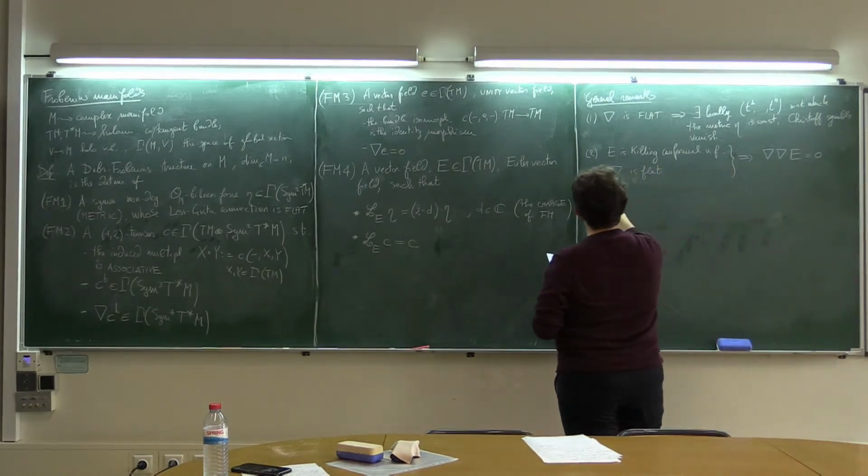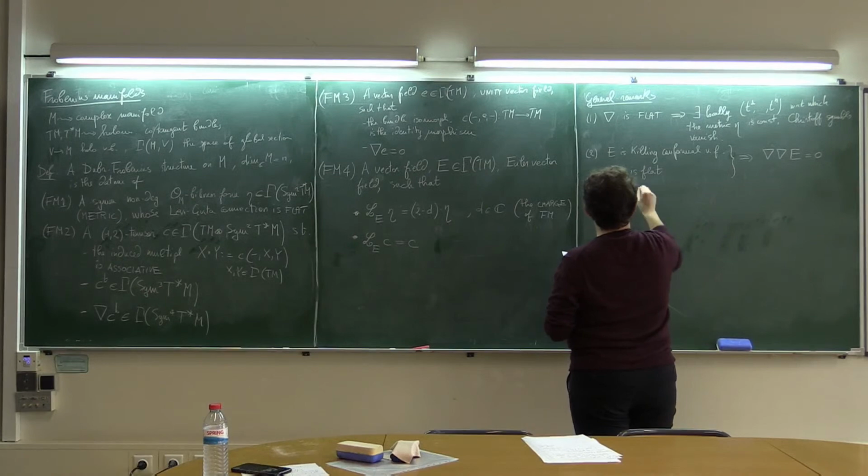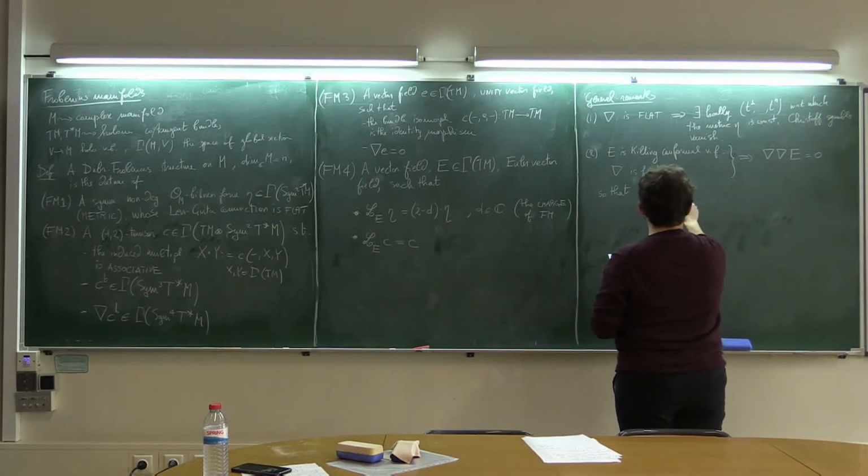So that in flat coordinates t, the Euler vector field has the following form.